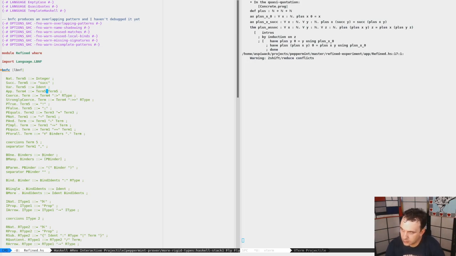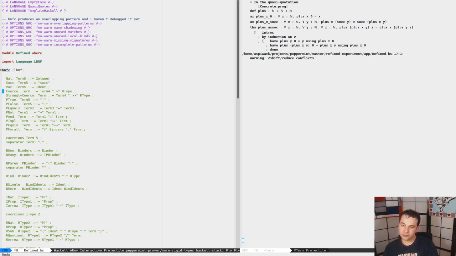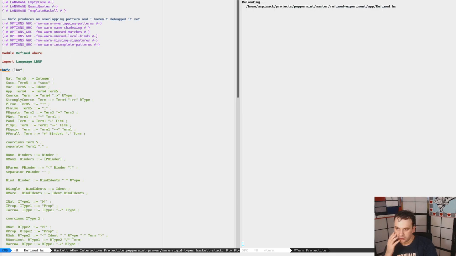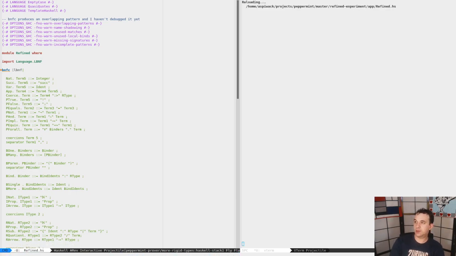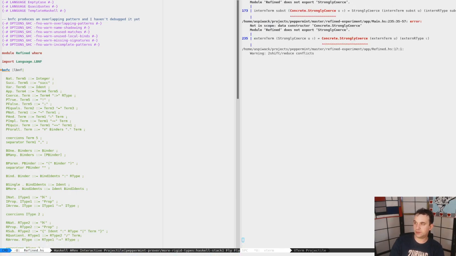Still shift reduce conflicts. I must confess that I don't see it. They're not conflicting with one another, do they? Oh, that's not going to work, of course.